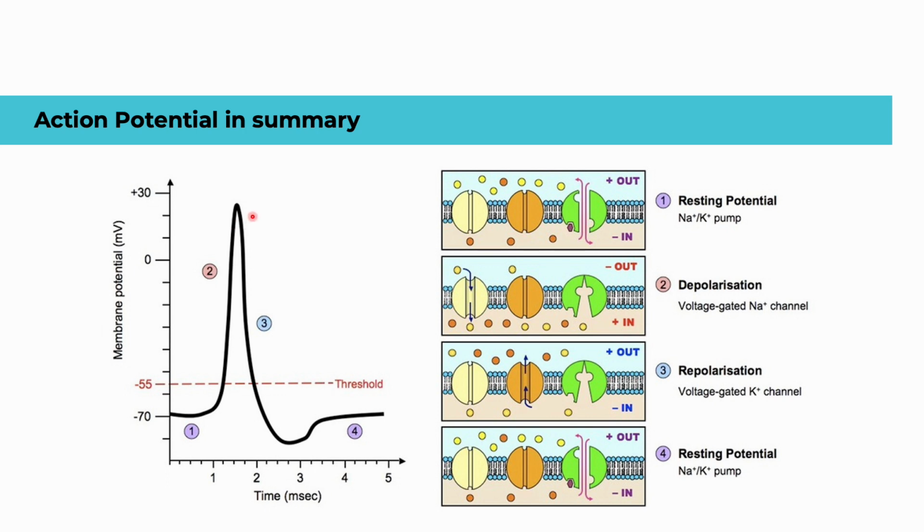And once this membrane potential reaches its peak at around positive 30 millivolts, right, now we're going to have repolarization taking place. Okay, so once the membrane potential reaches its peak, the sodium channels close, potassium channels open up, and this allows the positively charged potassium ions to leave the cell, and this causes the membrane potential to rapidly return to its resting potential.